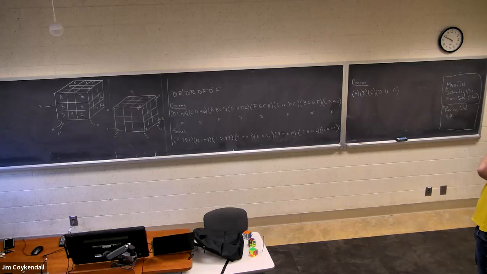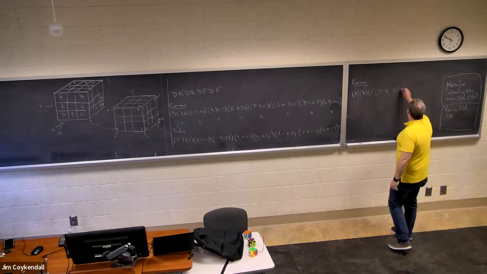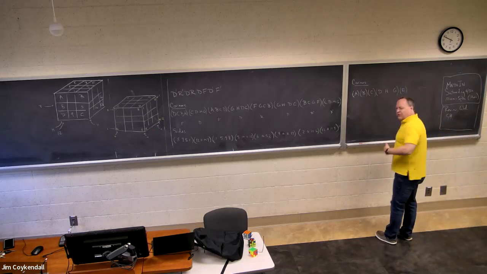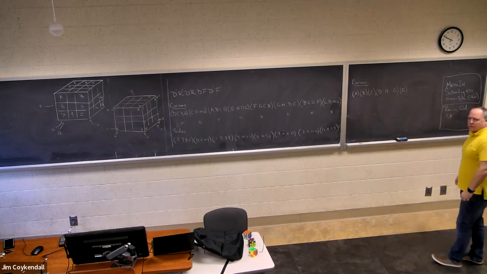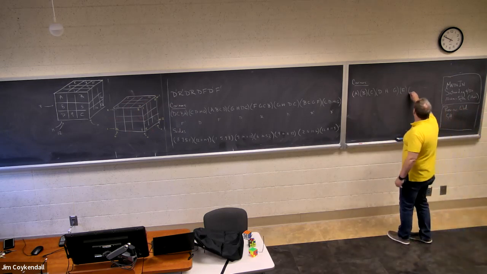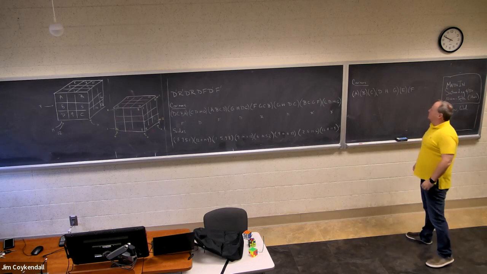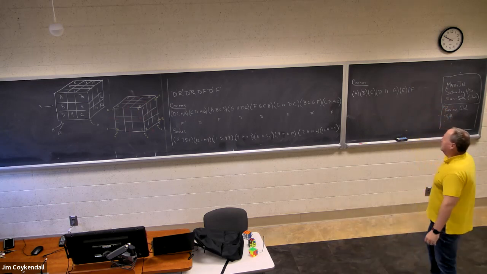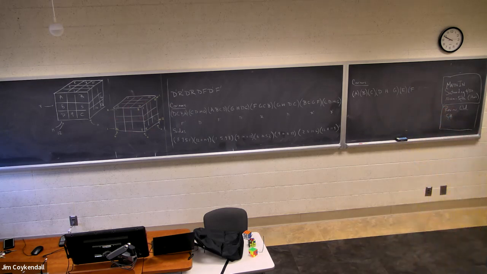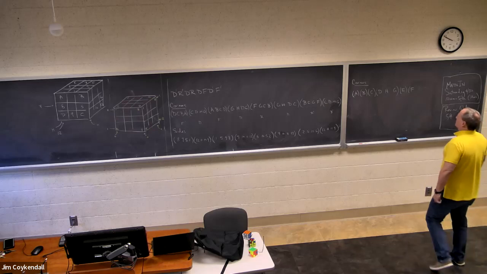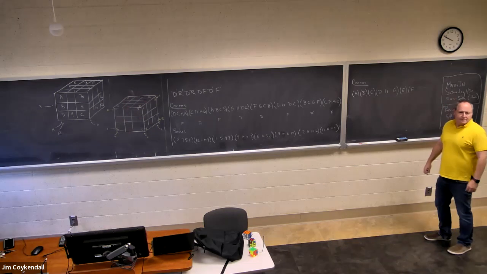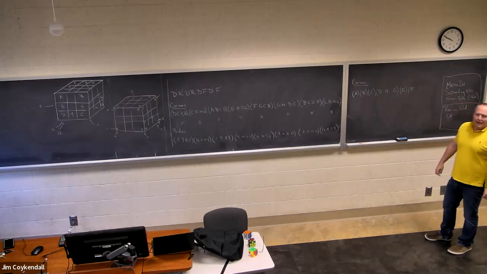A, B, C. I'm missing an E, but there's never an E anywhere, right? So the E's left alone. So I'll write that there just to emphasize there was never an E in the first place. How about F? Agreed.